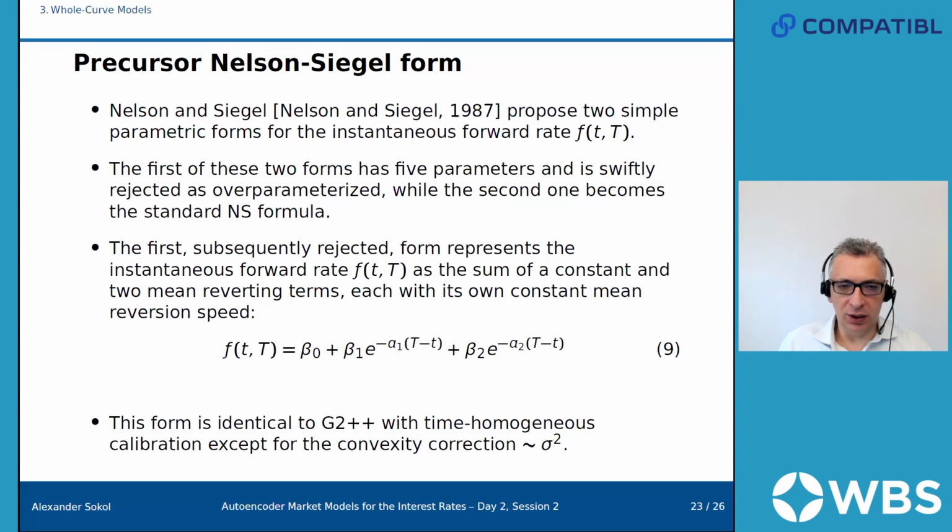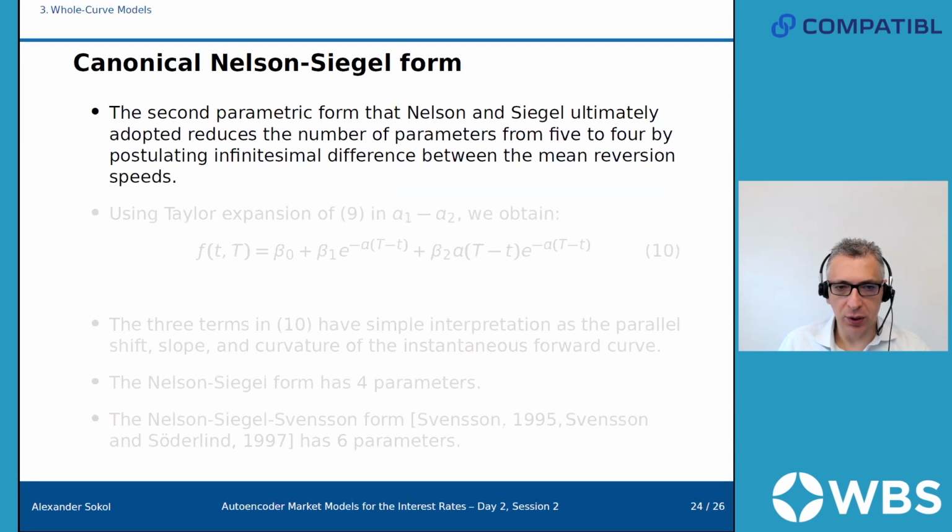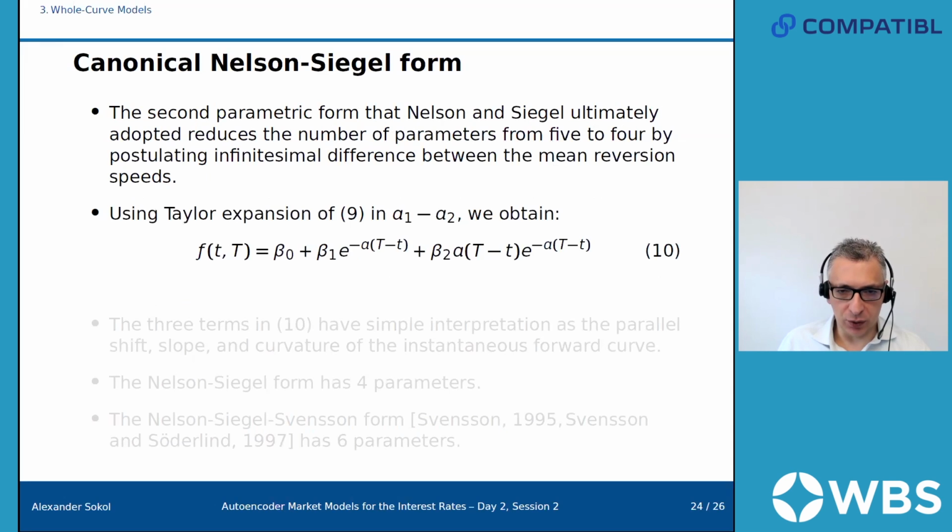So Nelson and Siegel started from the two-factor Hull-White form of the forward rate. And then they said, well, too many parameters, 5 parameters: 2 weights, 3 for the mean reversions. So they said, okay, we're going to assume that the two mean reversions are very close to each other.